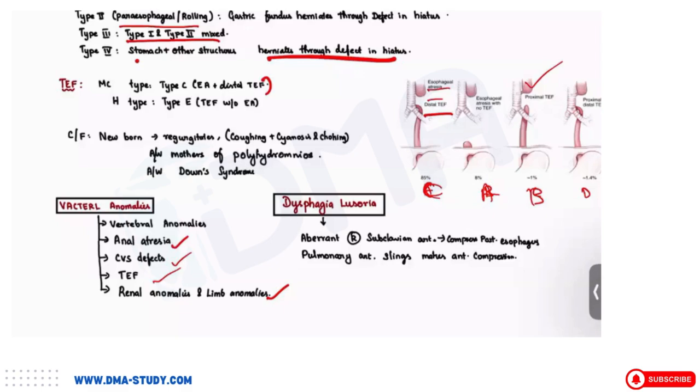And what will be the twisted answer here? Instead of renal, they give you rectal. You people consider VACTERL and you don't read the rectal or renal difference. You basically don't think rectal will not be part of the VACTERL anomalies.